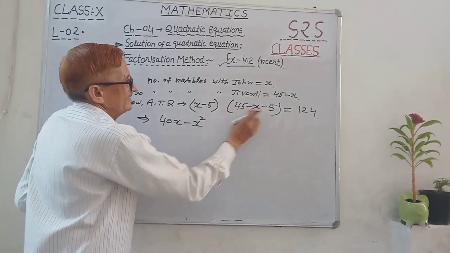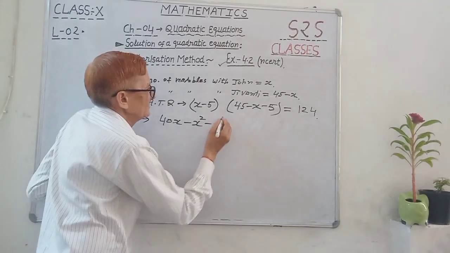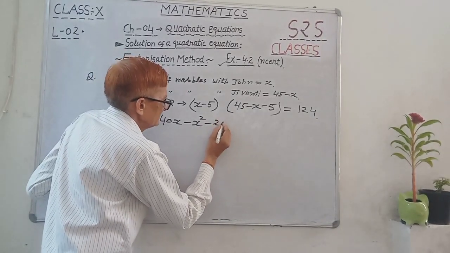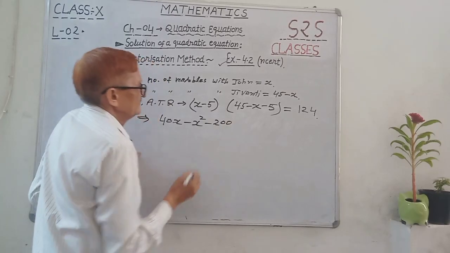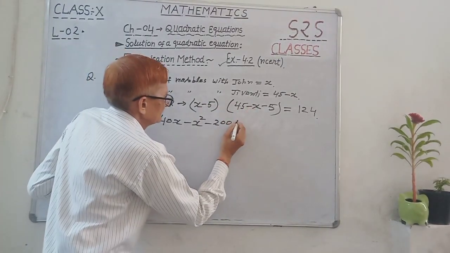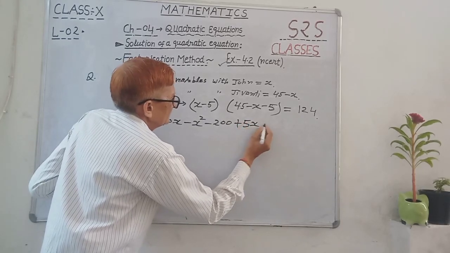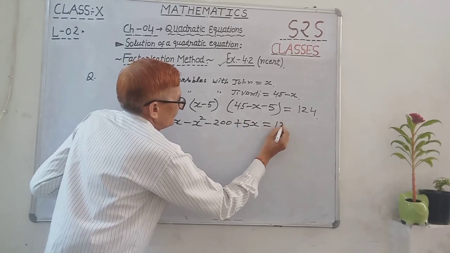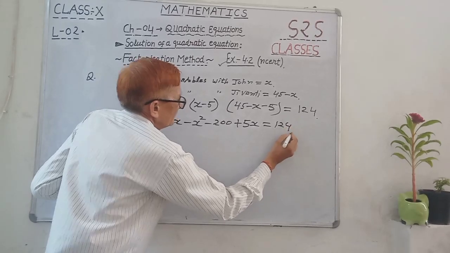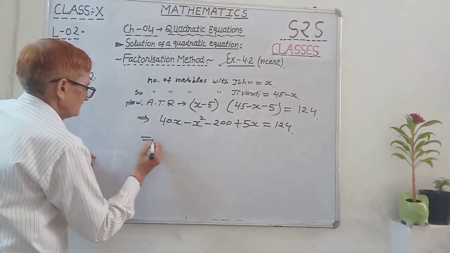Now minus 5 into 40 is minus 200. And now minus 5 into minus x is plus 5x, is equal to 124. Okay. Now after this, simplify the like terms.